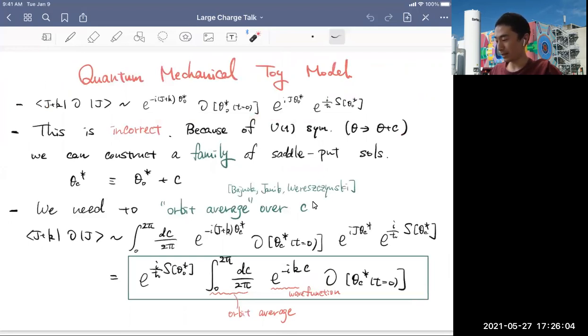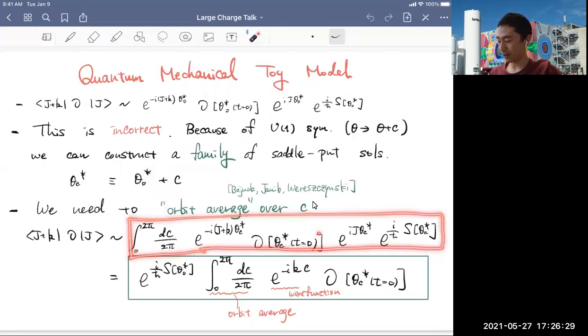Because of the U(1) symmetry, which shifts theta to theta plus C, if you have one solution, theta 0 star, we can construct a family of saddle point solutions, which is obtained by adding C to this theta 0 star. Because of that, for the correct formula, we need to average over this number C.